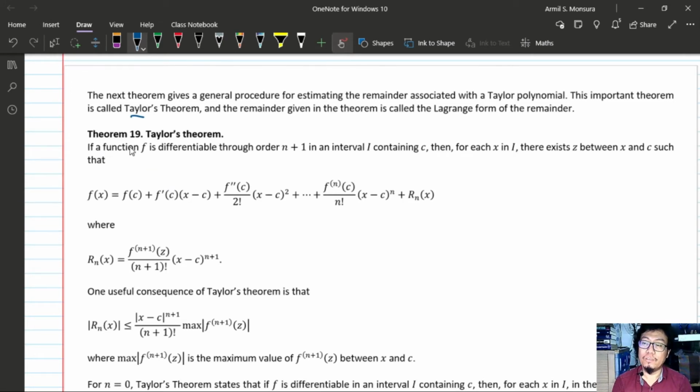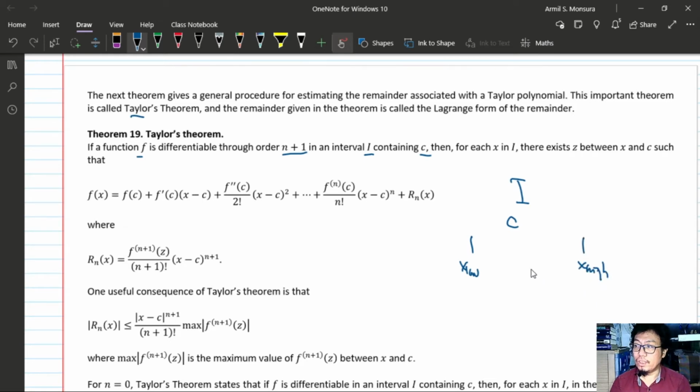What theorem 19, or Taylor's theorem, states is that if a function f is differentiable through order n plus 1 in an interval I containing c, you have an interval I, within that interval is the number c. So you have a low x and a high x.